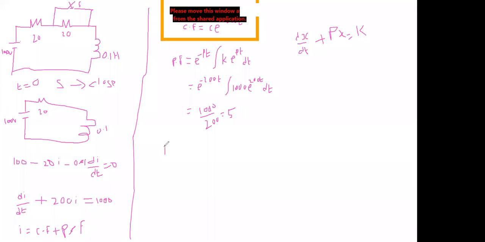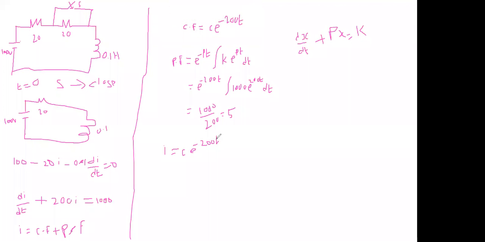Then the solution of the equation is i equal to c into e power minus 200t plus 5. This is the solution of the equation.